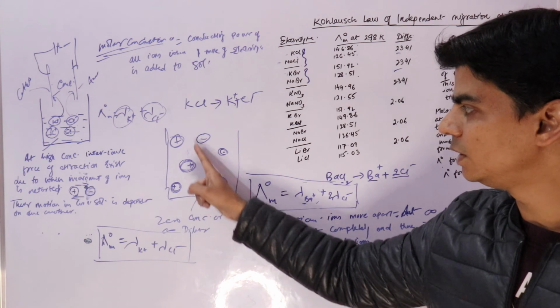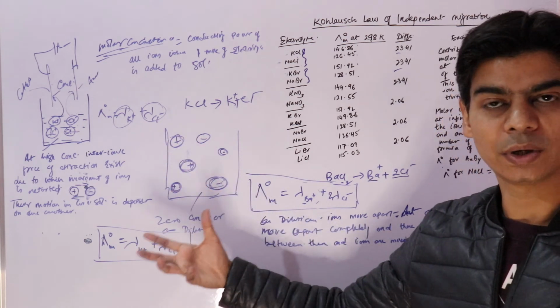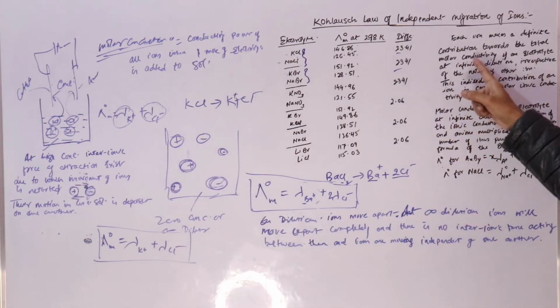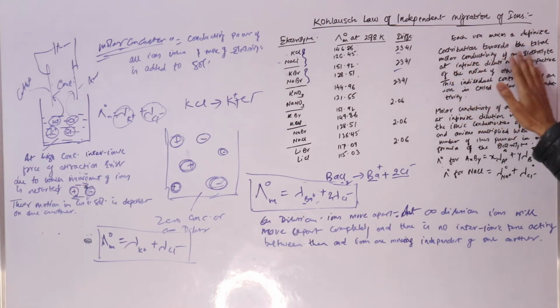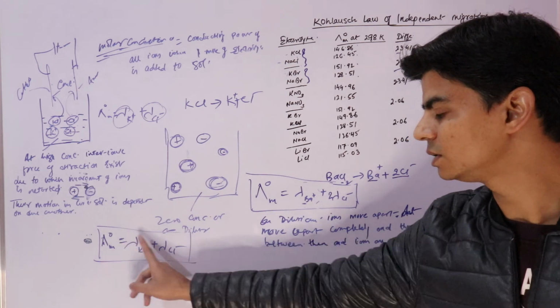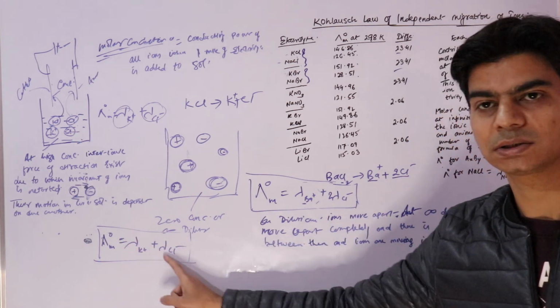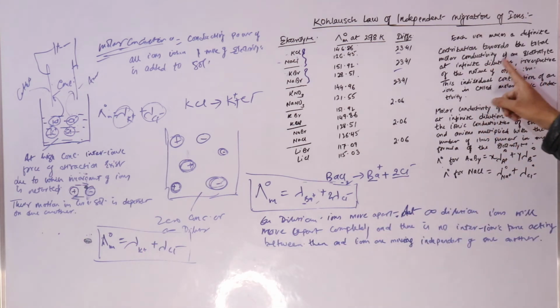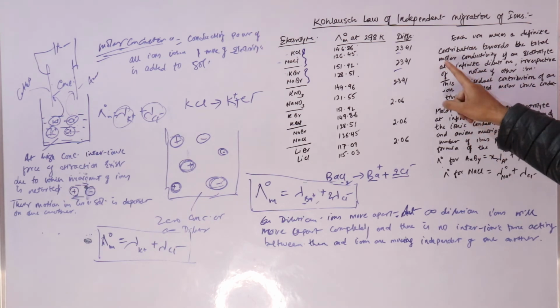The conductivity due to these ions is known as ionic conductivity. So each ion gives a definite contribution towards the total molar conductivity, which is the sum of the ionic conductivities, irrespective of the nature of the other ion.